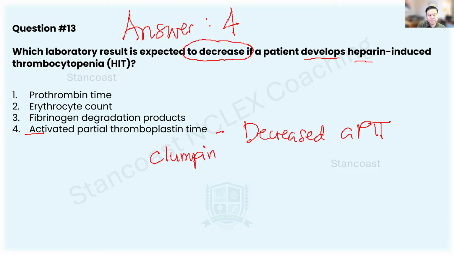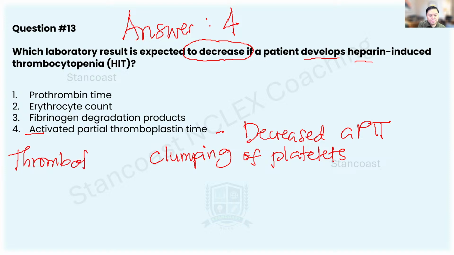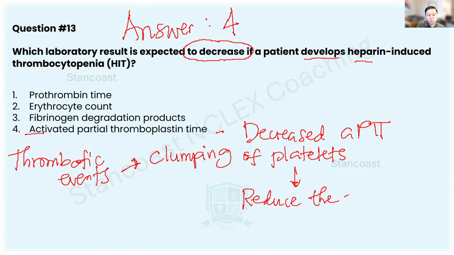Remember the thrombotic events? Clumping of platelets. It's because of the immune response. The antibodies will now stimulate the platelets. This will lead to the thrombotic event. So there will be clumping of the platelets, which is going to reduce the effectiveness of the heparin.